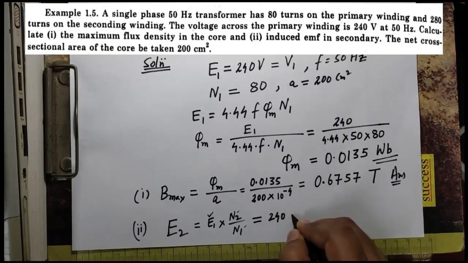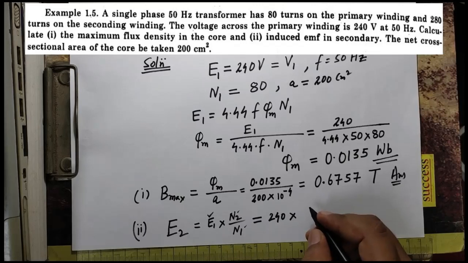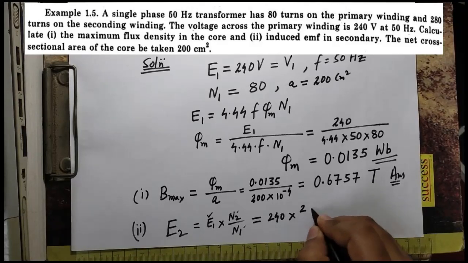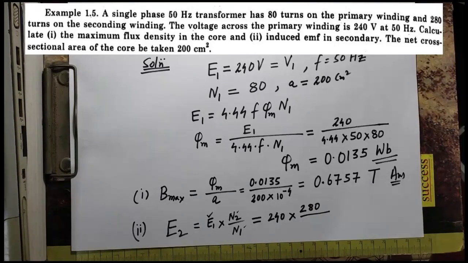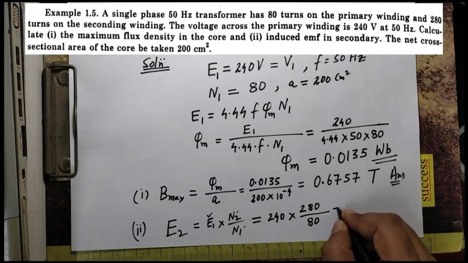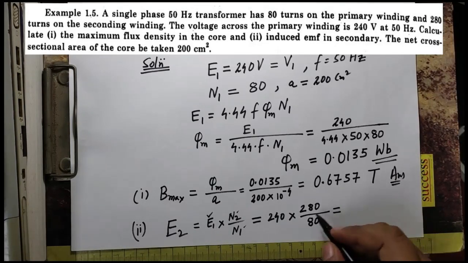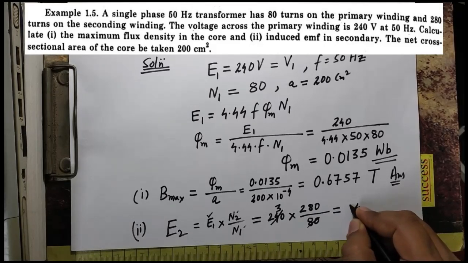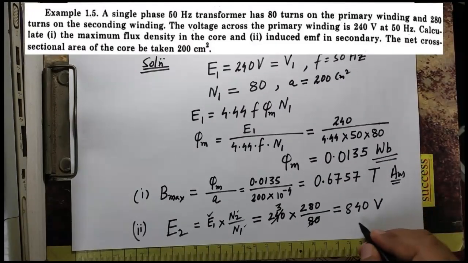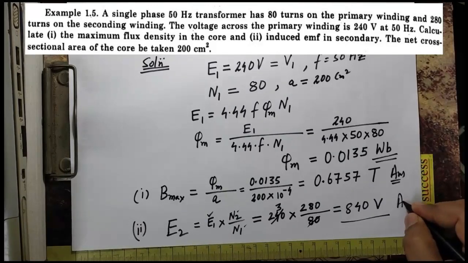So 240 multiplied by N2, which is given 280 turns in the numerical, divided by 80. It will give us 840 volt. It is the secondary induced EMF answer.